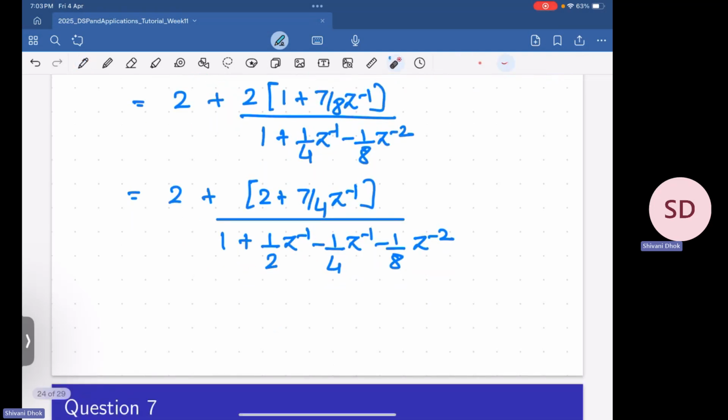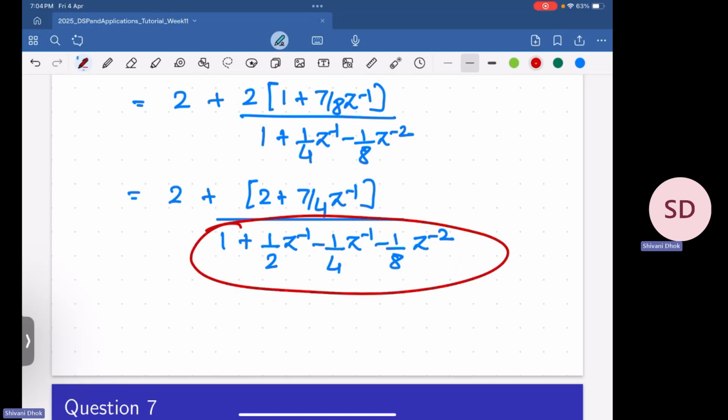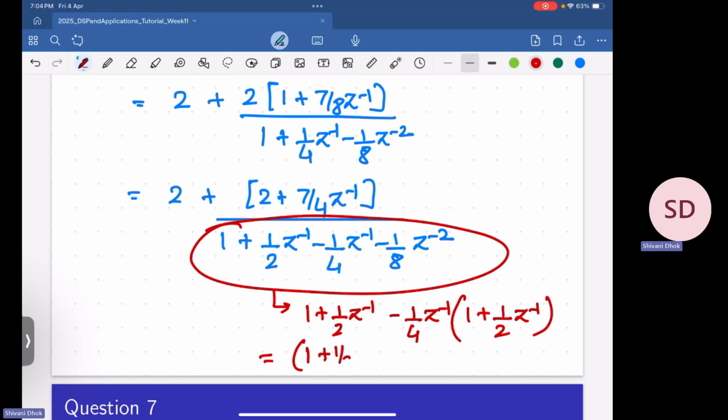Now if you look at the denominator here, I can factorize this. This I can write as 1 plus 1 by 2 z inverse minus 1 by 4 z inverse, taking 1 plus 1 by 2 z inverse out common. So this I can write as 1 plus 1 by 2 z inverse into 1 minus 1 by 4 z to the power minus 1. Now I can replace this in the denominator.